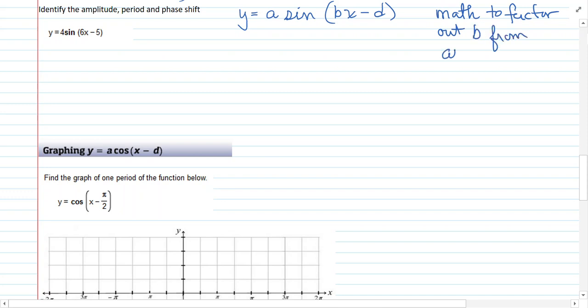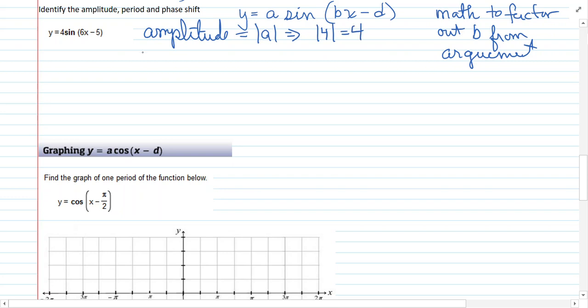So we have to factor out the b. All right, so we know that the amplitude is the absolute value of a, which we have the absolute value of 4, which is 4.